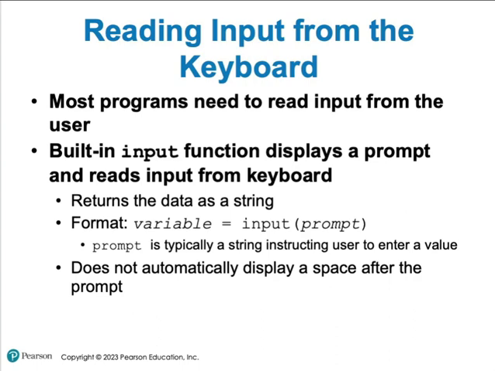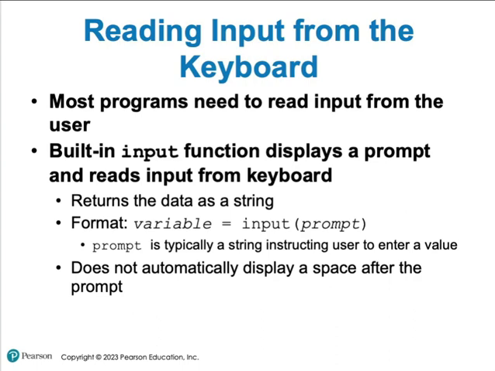Almost all programs are going to get some type of input. It may be from a file, which we'll talk about down the road, or it may be from the user, which is what we're talking about here. The way we get input from the user through the keyboard is using input.